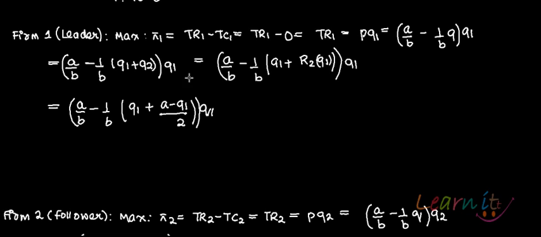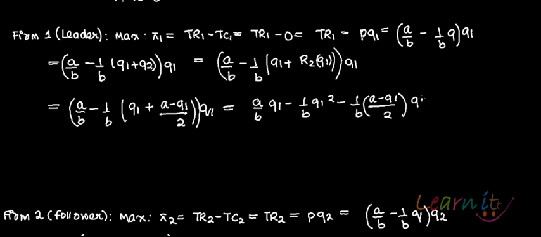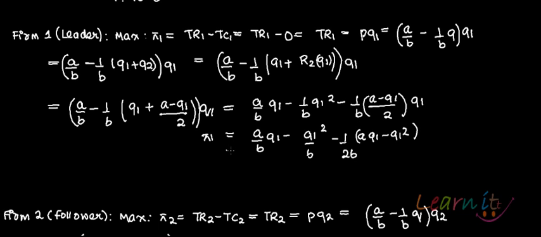Simplifying this, we get A by B Q1 minus 1 by B Q1 square minus 1 by B times A minus Q1 by 2 times Q1, or A by B Q1 minus Q1 square by B minus 1 by 2B times A Q1 minus Q1 square. This is what you will have as the profit function of firm 1.